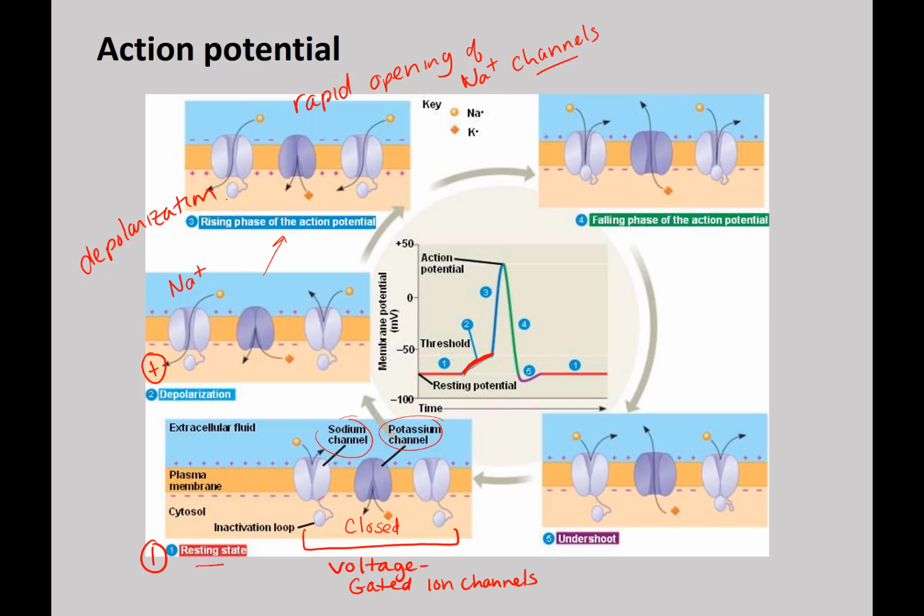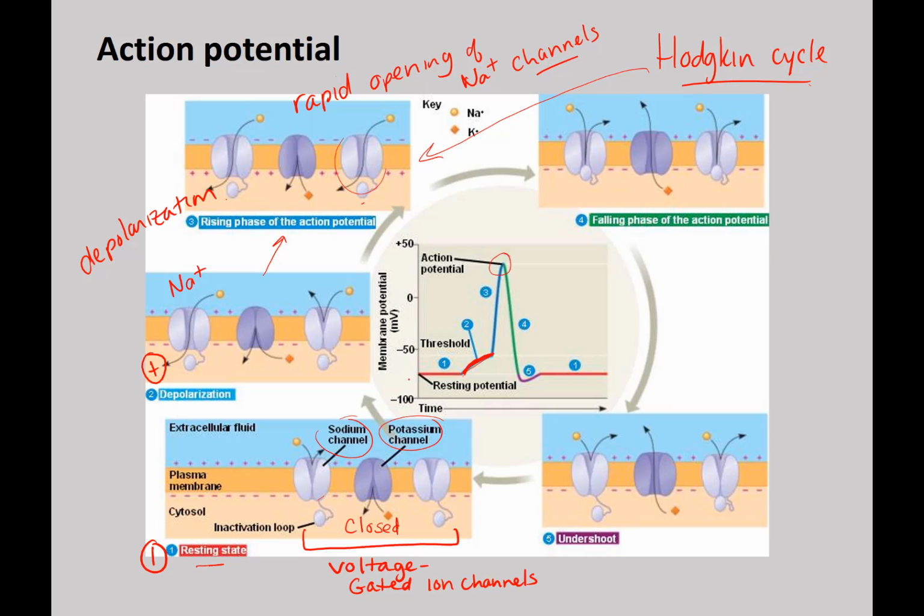And as you get more positive in, then more sodium channels open. And this is called the Hodgkin cycle. Okay. So it's kind of this feedback loop. We open more, we get more positive, we open more, we get more positive. So the Hodgkin cycle is happening right here. Notice that the potassium channels are still closed.